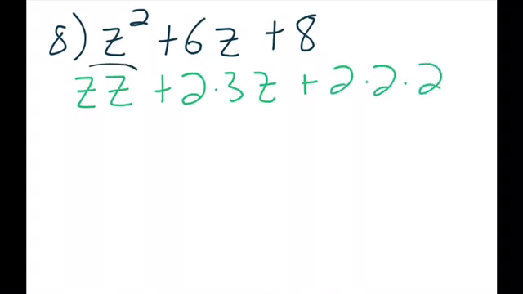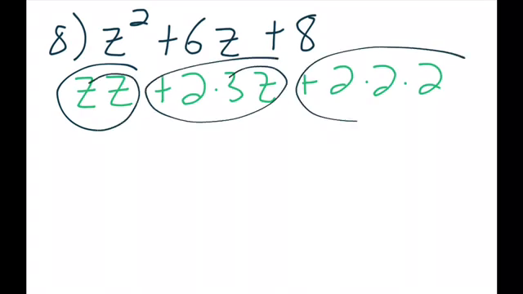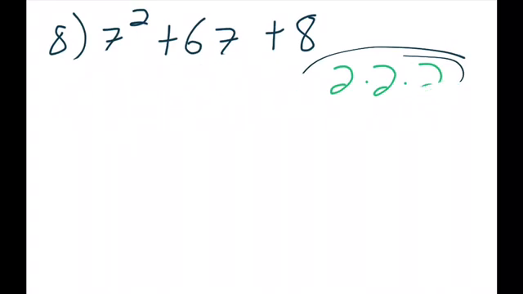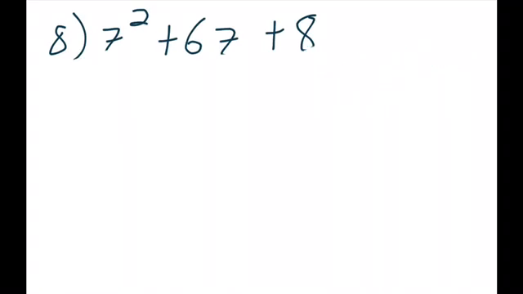And I can see that none of the terms, this is a term, this is a term, this is a term, none of them have anything in common. So there is no GCF. So the answer to that is no. If there is no GCF, then I'm going to use my X games.